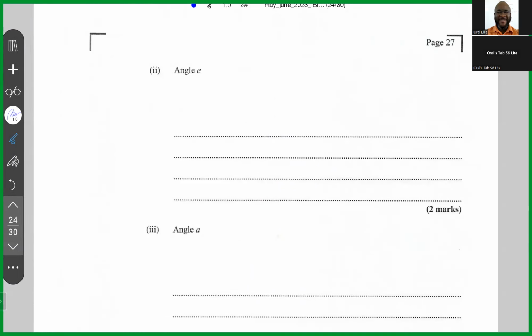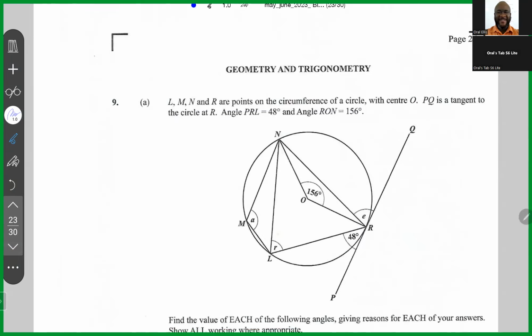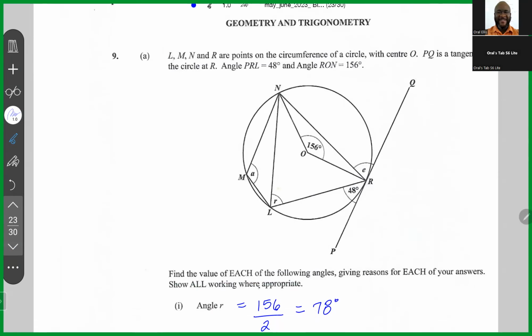Angle E. Now, angle E is equal to angle R, which is equal to 78 degrees. And the reason for that is this. Angle E is called the angle between the chord and the tangent at the point of contact.